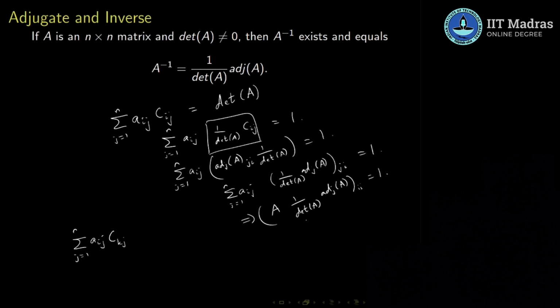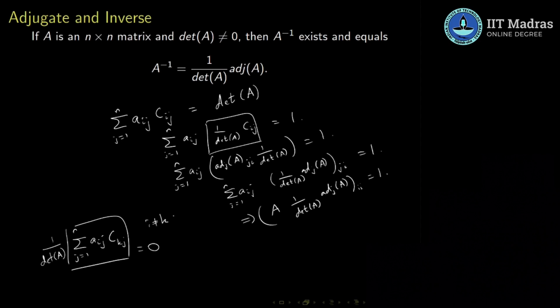So, what I am saying is you take this matrix and look at its ikth entry, where i is not equal to k. Then this is exactly what you are going to get. Well, not this, but this times determinant of A. So, this times 1 by determinant of A. Okay, but the point is this thing over here is 0, and why is it 0? Where i is not k.